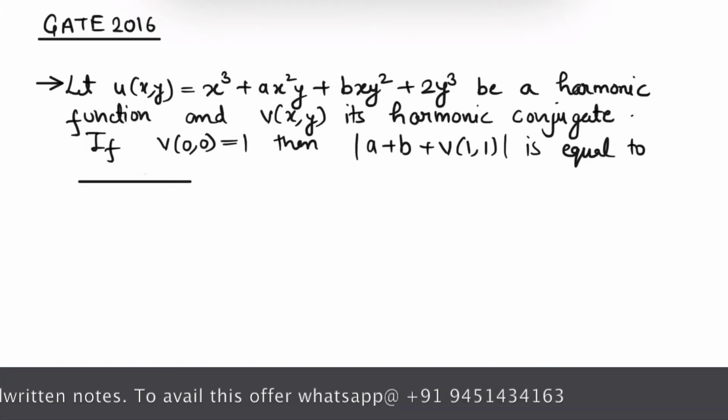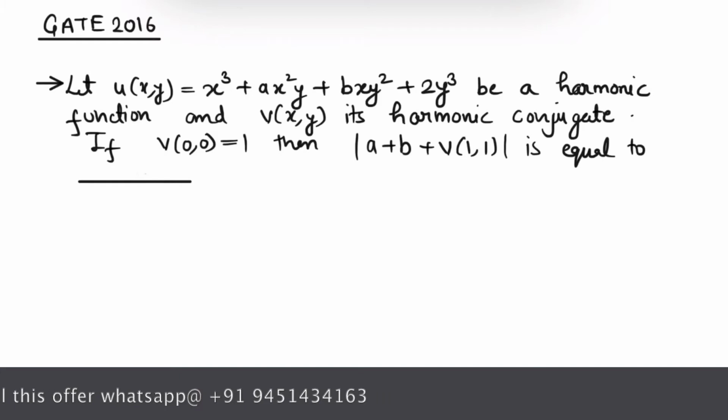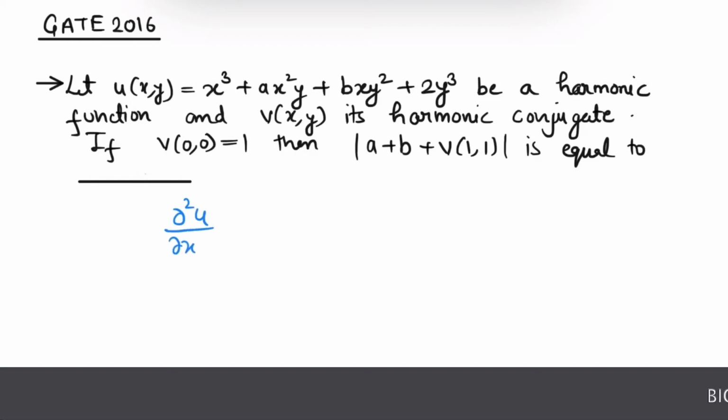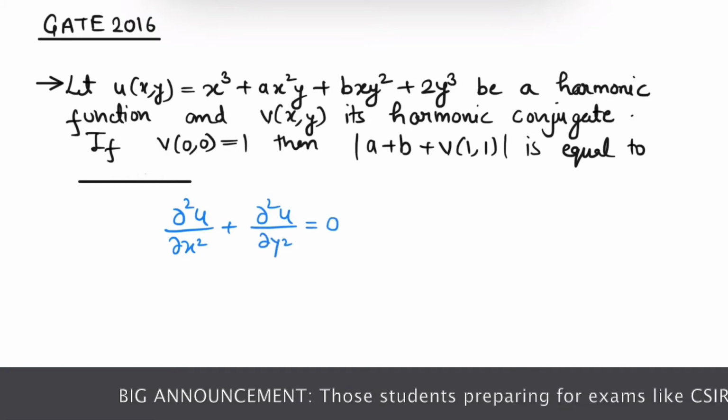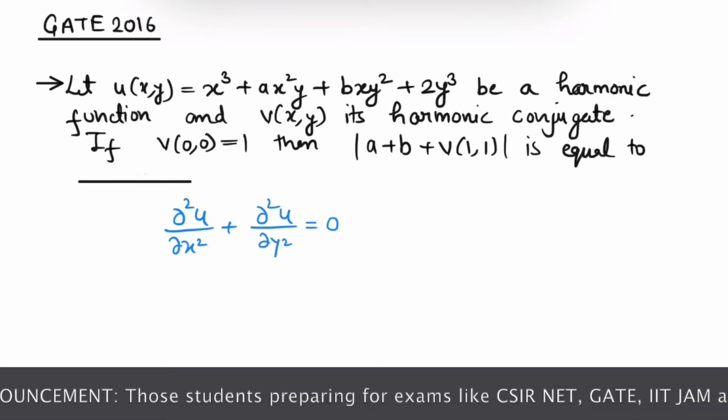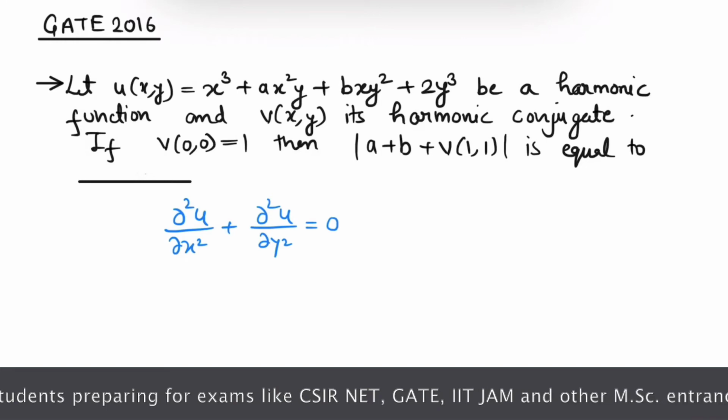Since u is a harmonic function, it will satisfy the Laplace equation, that is ∂²u/∂x² + ∂²u/∂y² = 0. Now let's find the second order partial derivatives of function u.